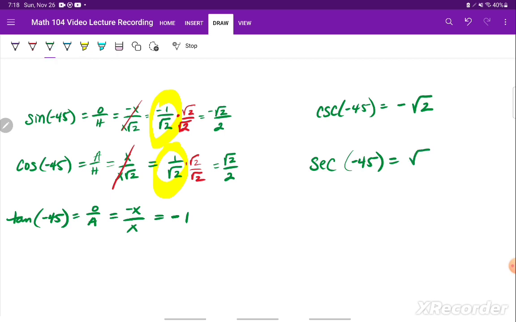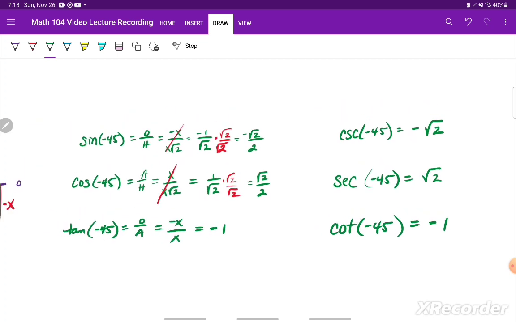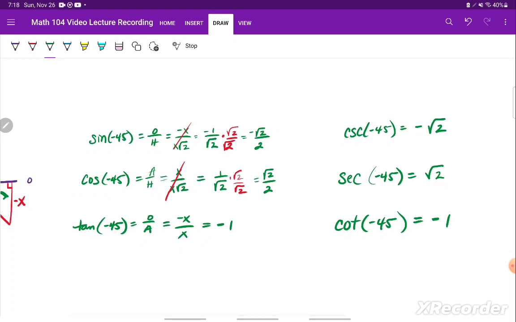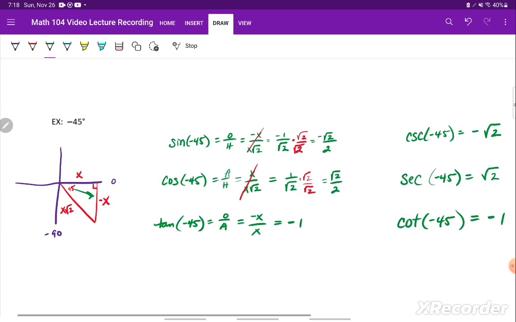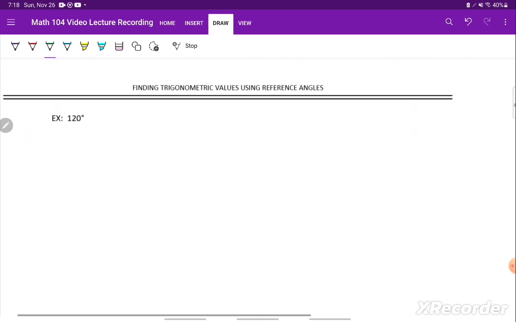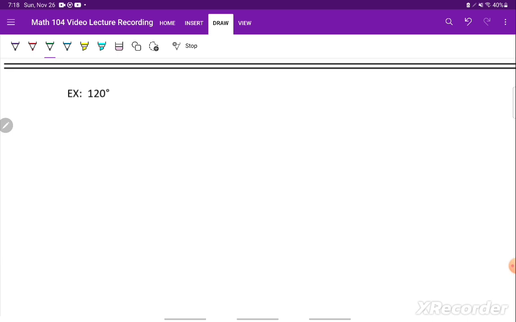It's going to be a positive square root of 2. And then cotangent of negative 45 degrees, the reciprocal of tangent, which is negative 1. Those are the exact values for our 6 trigonometric functions when our theta is negative 45 degrees. It's all about finding the reference angle and then using our special right triangles.